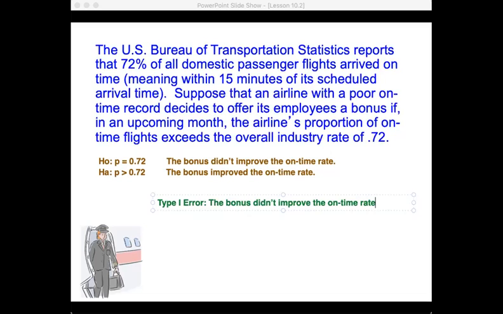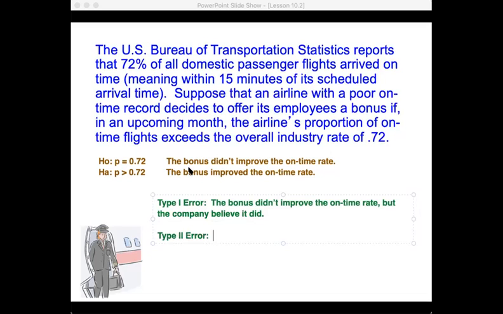So type 1, the bonus didn't improve the on-time rate, but we believe it did. That's it. All right, so type 1 error, the bonus didn't actually work, but the company believes that it worked. All right, so maybe not we, but the company believed it did. All right, so that's type 1.